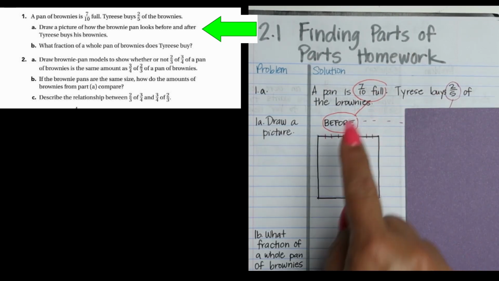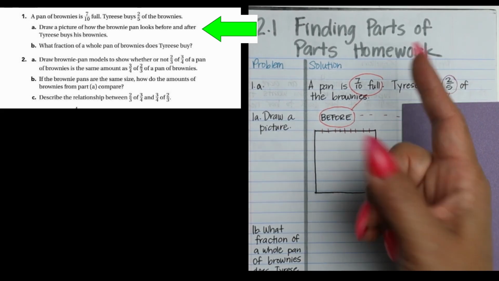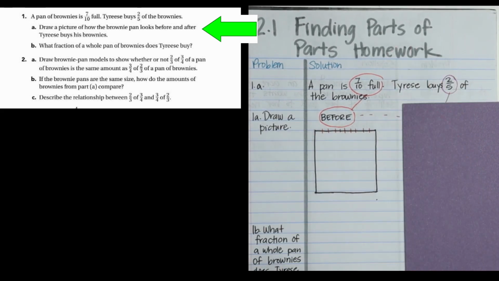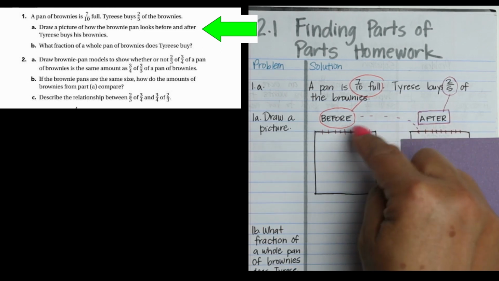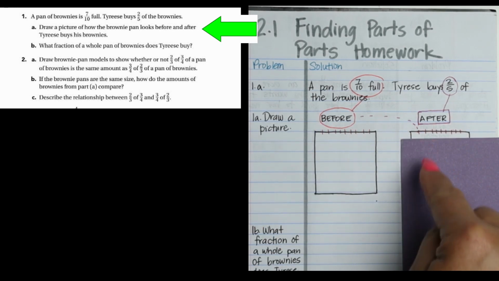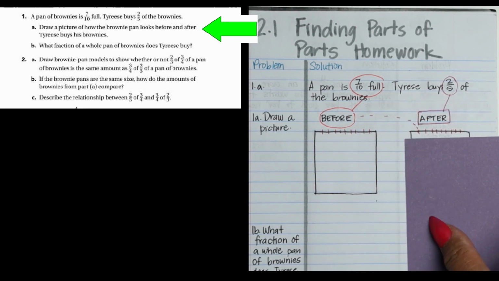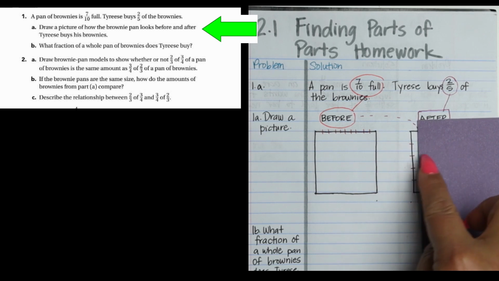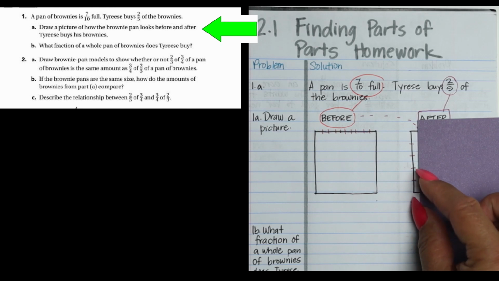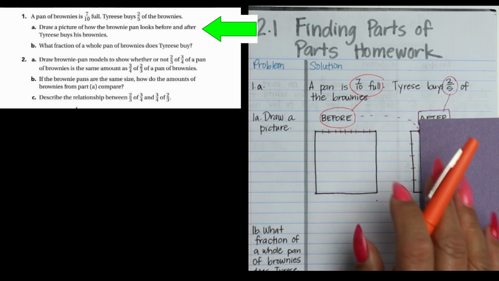That is what the pan of brownies looks like before Tyrese buys 2/5 of the 7/10. After that, I'm going to draw that same before picture, 7/10. I'm going to shade that in, and then I'm going to mark the 2/5 by marking the fifths, and only shading in the 2/5.